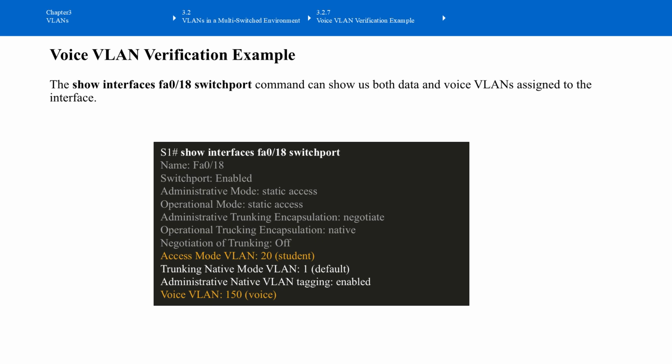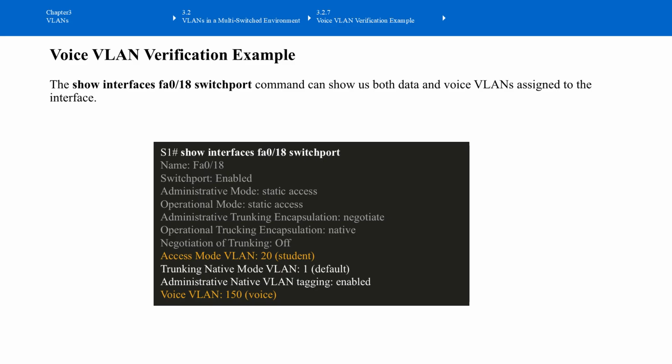The name is FastEthernet 0/18, and its switchport is enabled. Administrative mode is static access. Operational mode is also static access. And then the administrative trunking encapsulation is negotiate. Operational trunking encapsulation is native, and so on.